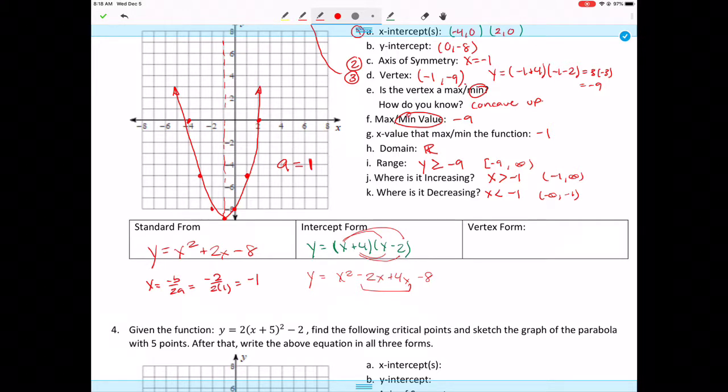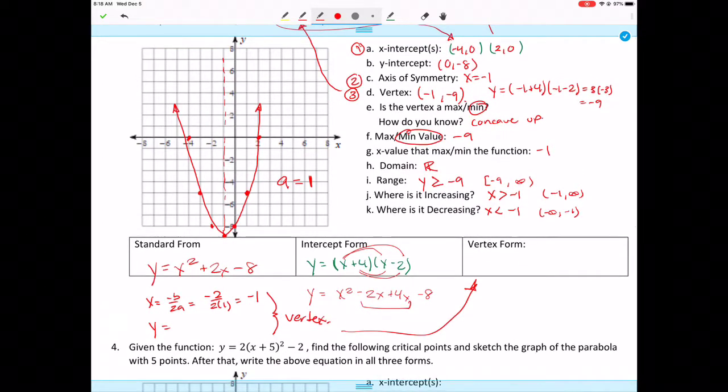Okay, and then if we want to find the y value that corresponds to that x, we just plug that in. Basically what we're doing here is trying to find the vertex. If we have the vertex, then we can plug that into our vertex form. So we plug -1 into our equation. You could use standard form, or you could plug it into intercept form.